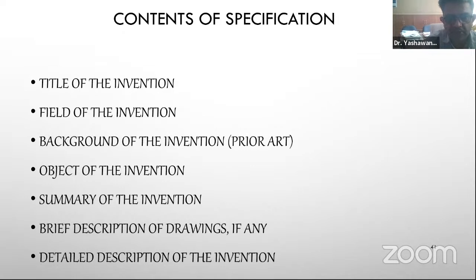There has to be a title and the field of invention. The title would come on the front page, followed by the preamble, and then you go to the next page.